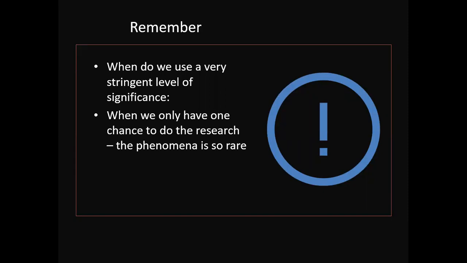Our second reason is it could be rather life-threatening. We're moving on to drug trials, and yes, maybe we're going to replicate it many times, but it's a matter of life and death. We do not want our drugs to kill our participants, and that's not a good thing.